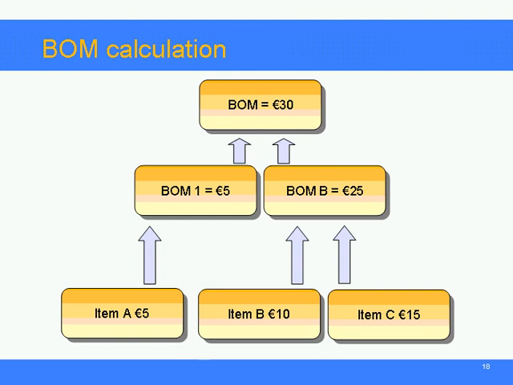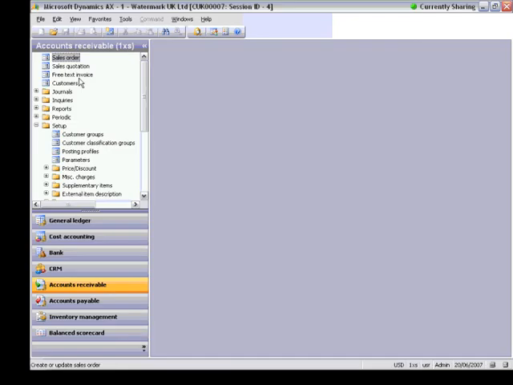BOM B consists of two items, item B and item C, and BOM B cost price, €25, is a total of item B and C cost prices. The top BOM consists of BOM 1 and BOM B, and its cost price €30 is a total of BOM 1 cost price and BOM B cost price, 5 plus 25.